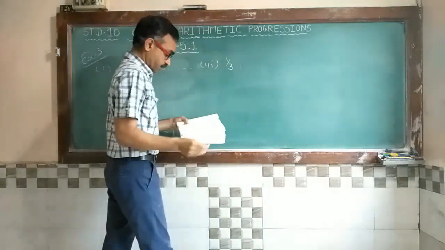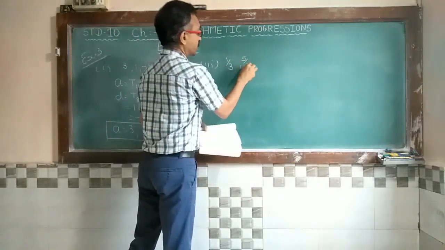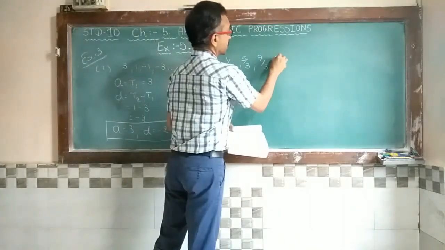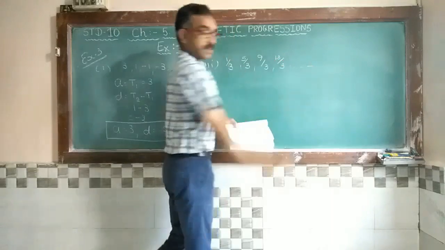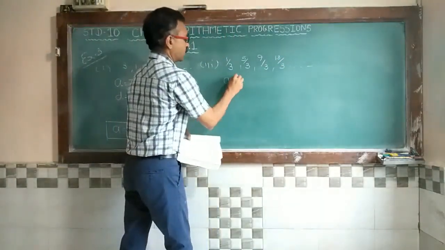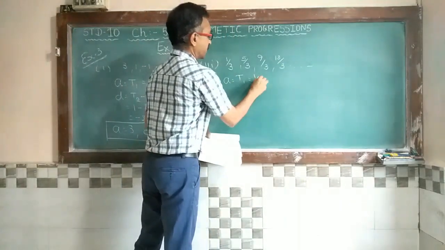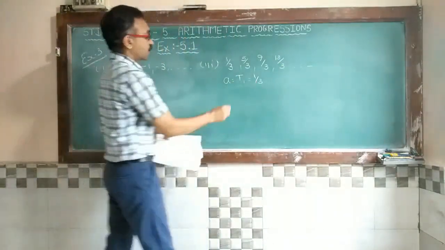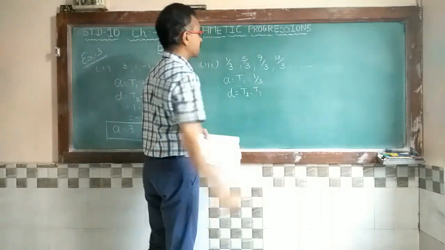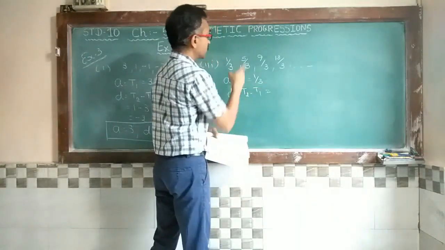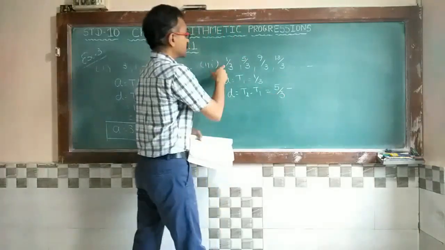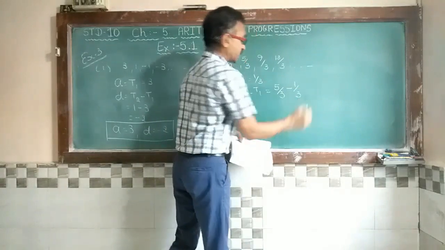Same thing, suppose you are given the third one: 1 upon 3, 5 by 3, 9 by 3, 13 by 3. So your first term, that is A, or you can say T1, is 1 upon 3. Common difference D is equal to T2 minus T1. T2 is 5 by 3 minus T1 is 1 upon 3.